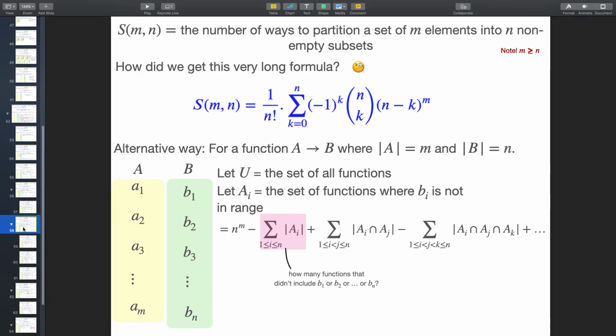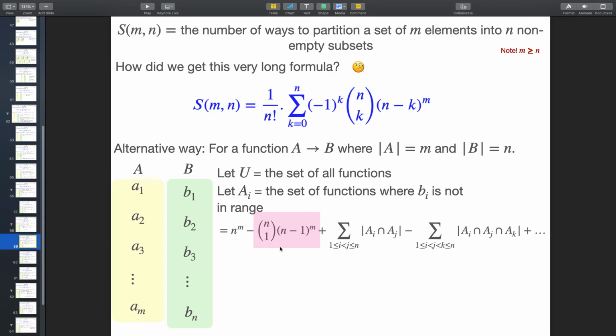So, ito yung question. And this is representing the size of A sub 1 plus the size of A sub 2 up until the size of A sub n. Paano natin nakuha itong formula na to? Okay, so yung n taken 1, this represents yung manner of choosing which b sub I will not be included in the function.